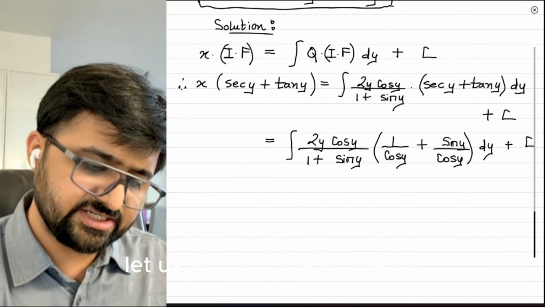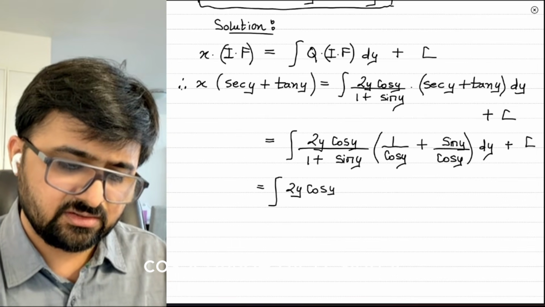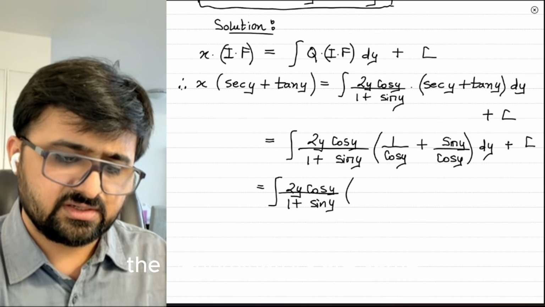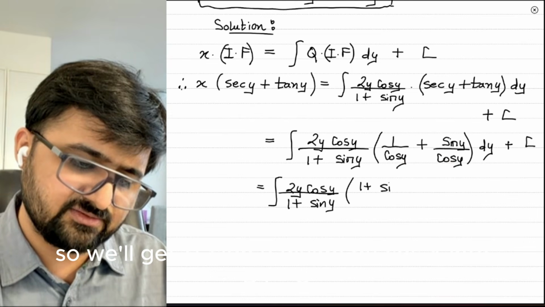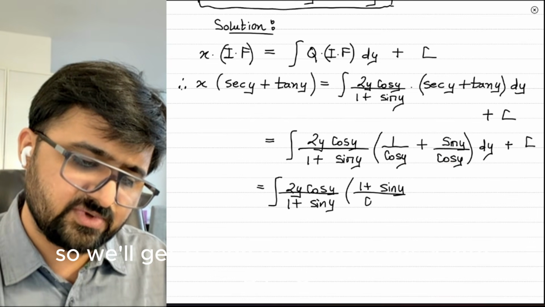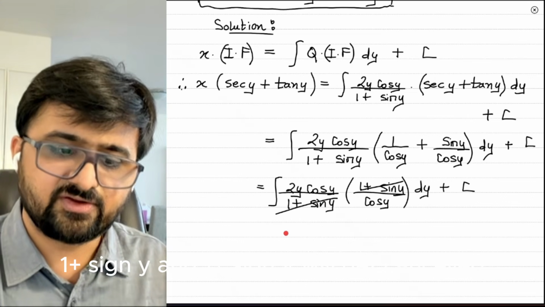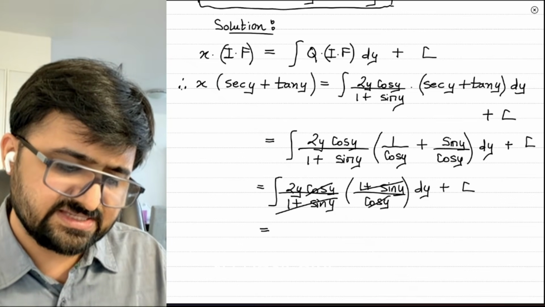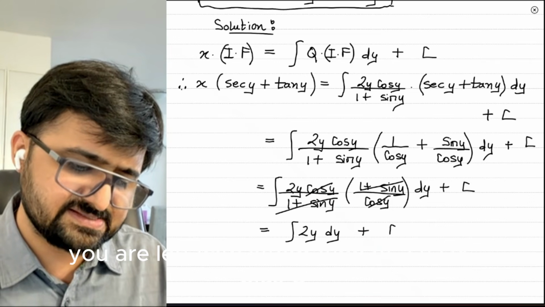Let us simplify this a little bit. The denominators are the same, so we can just add up the numerators and get 1 plus sine y divided by cos y. The 1 plus sine y terms cancel, and the cos y terms cancel. So basically you are left with the integration of 2y dy plus c.